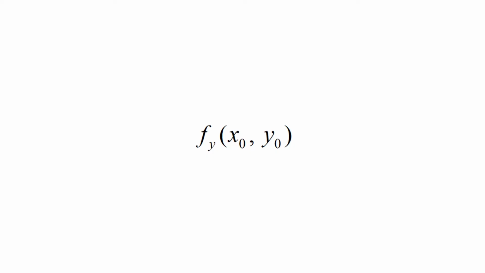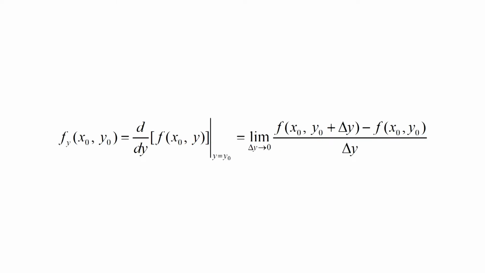This partial derivative is denoted by f suffix y of x naught y naught and is given by f y of x naught y naught is equal to d by dy of f of x naught y evaluated when y is equal to y naught, which is equal to limit delta y tends to 0 of f of x naught y naught plus delta y minus f of x naught y naught all divided by delta y.